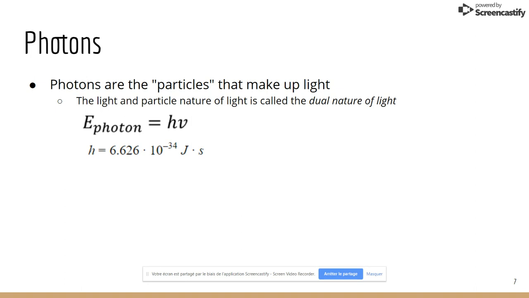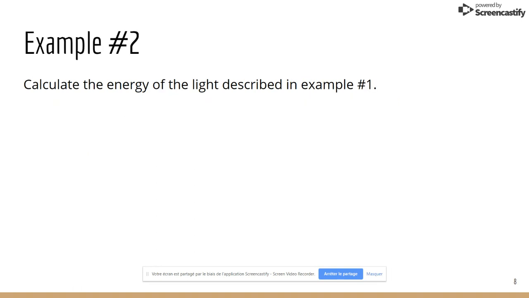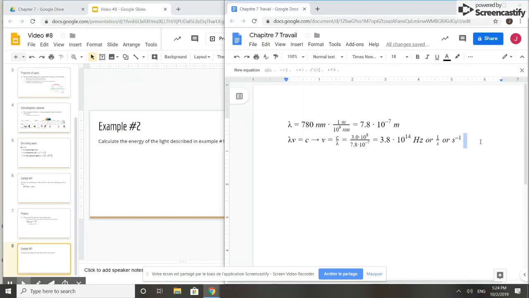Let's take a look at this in action. Pause here, and I will work through this. We already have the frequency here, so all we have to do is plug this in.